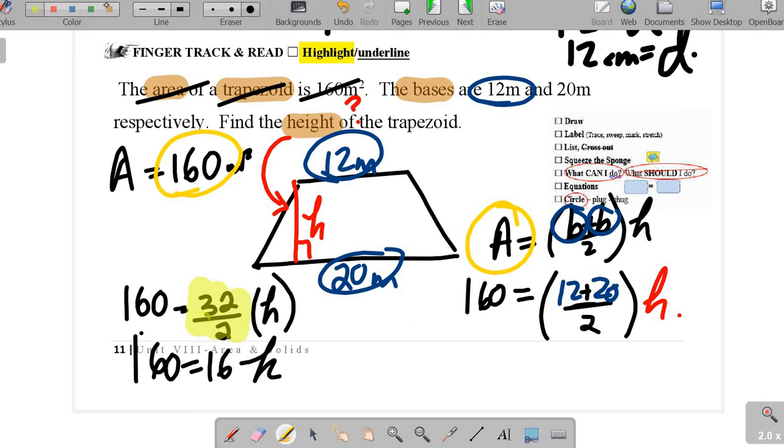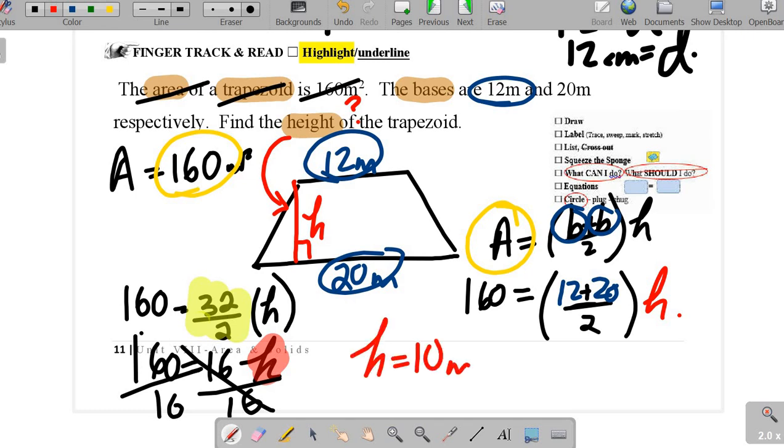We want to get h by itself. That's the ambition. So we just solved. Our height is 10. Check units, meters. So again, read out loud, write the equation, circle, plug, chug, solve.